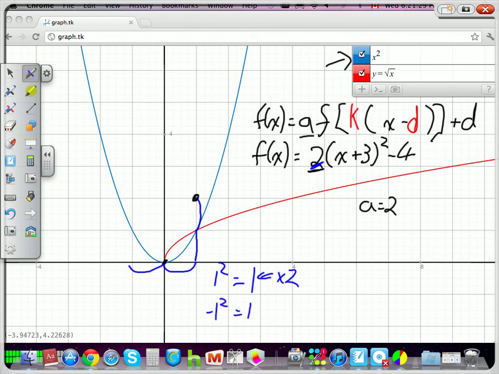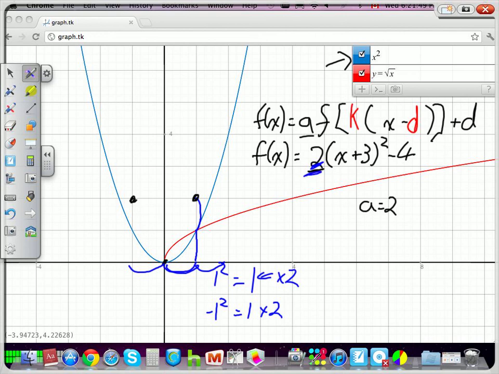So the new guy is going to have a point here. When I do the same thing to the left, I go in a negative direction. Negative 1 squared is 1, but because a is 2, we multiply that by 2. Is a the y-axis? Yeah, because it's a vertical stretch, so we're going up the y-axis.